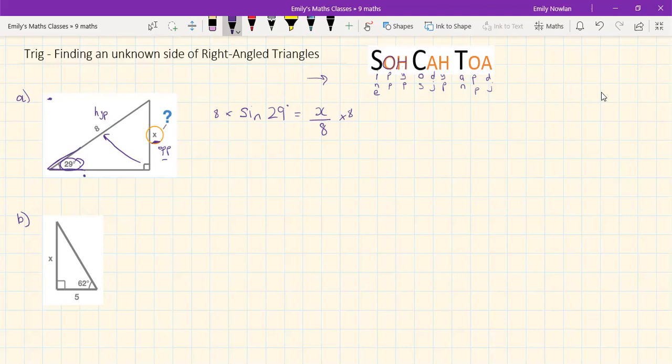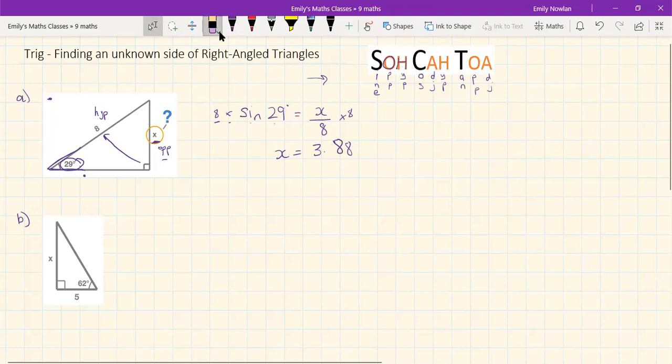I just need to change my calculator because it's not in degrees. Okay, so you type into your calculator 8 times sine of 29. And then you get x is equal to, type it in, make sure I'm in degrees, to 2 decimal places, it's 3.88. Okay, that's that one done.